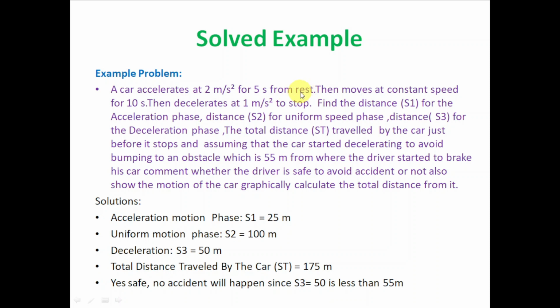Remember, the word rest indicates the car started from zero speed or velocity, from a stopping position. So the word rest is a keyword. The initial velocity here is 0, the acceleration is 2 meters per second square, and the time is 5 seconds. Those are your given quantities.